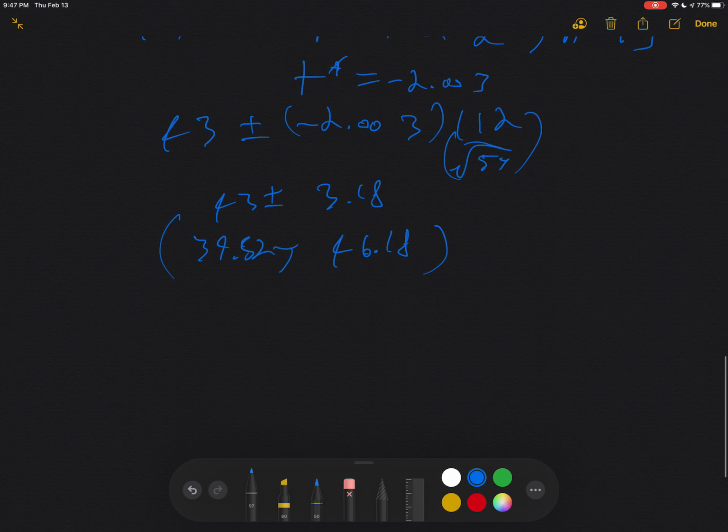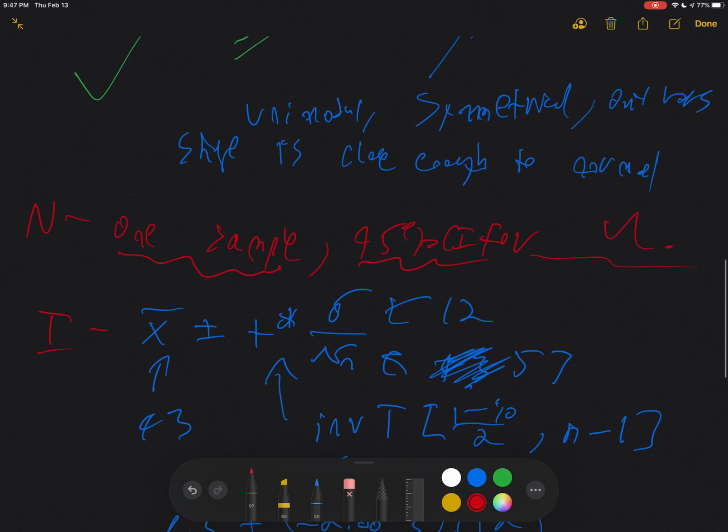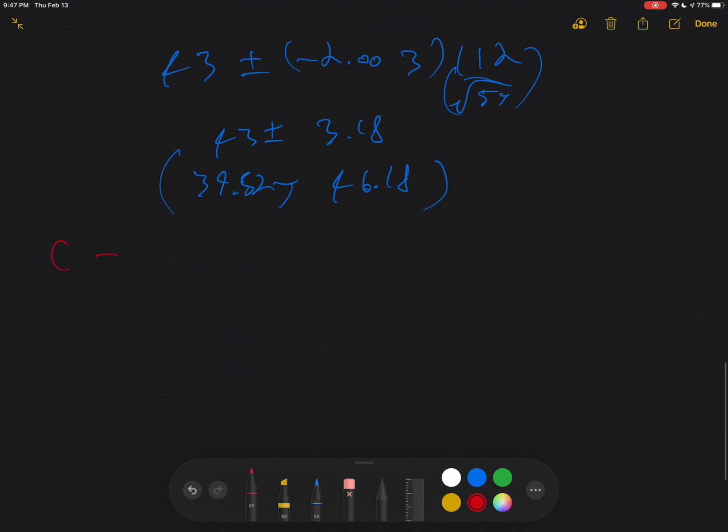So finally, we just need to do the C, which is the conclusion. This is quite simple. You just say we are, and then whatever percent confident.